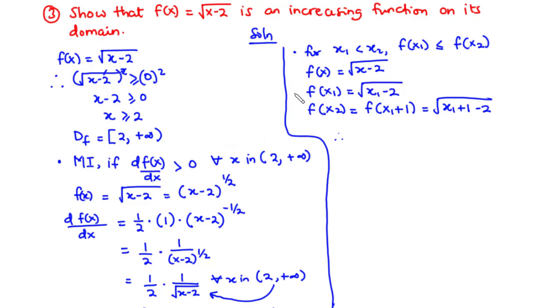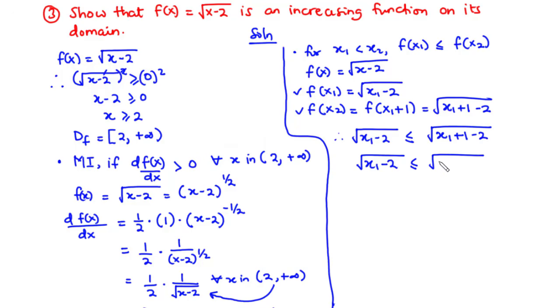So we have f of x1, that is square root of x1 minus 2, is less than or equal to f of x2, square root of x1 plus 1 minus 2. Now let's simplify this. On the left hand side we still have the square root of x1 minus 2, less than or equal to square root of x1, and 1 minus 2 is negative 1.